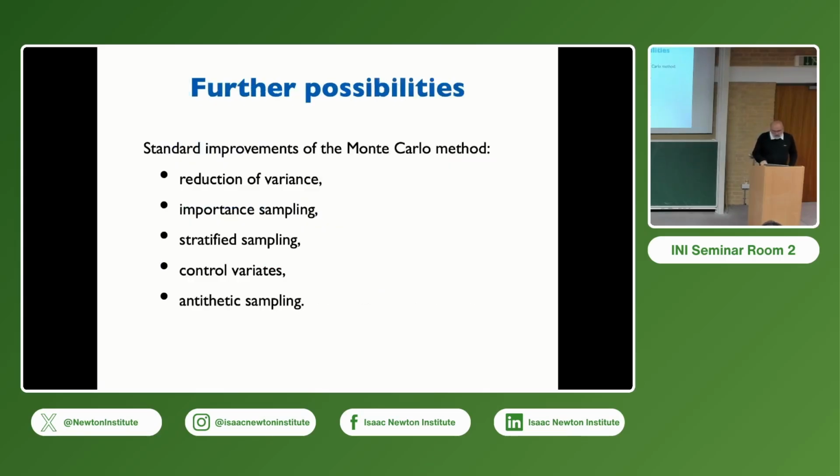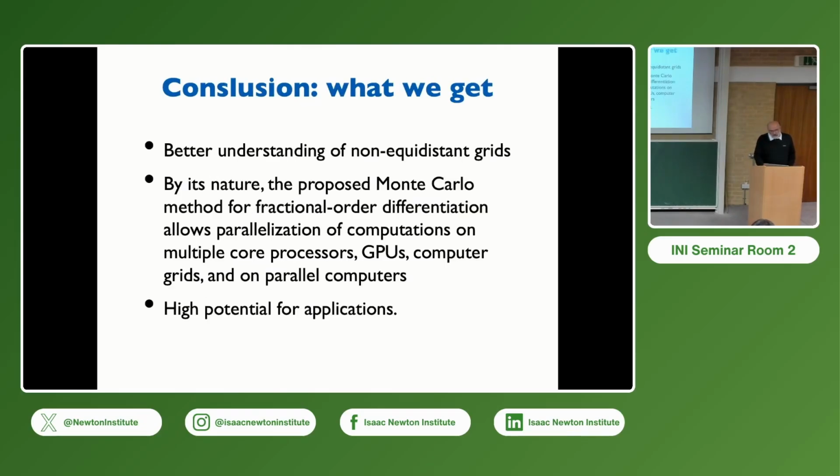Those results that I demonstrated can be improved using standard tools like reduction of variance, importance sampling, stratified sampling, and so forth. We got, with this tool, a better understanding of non-equidistant grids, so why they work and how they can be better designed.